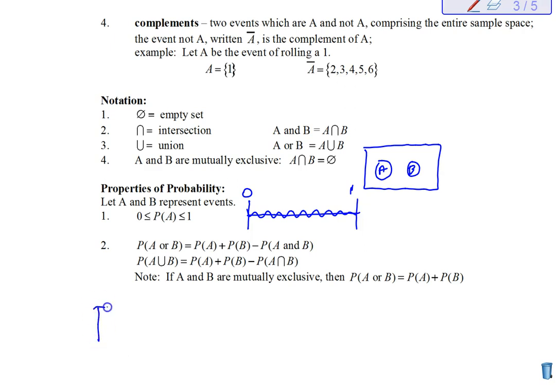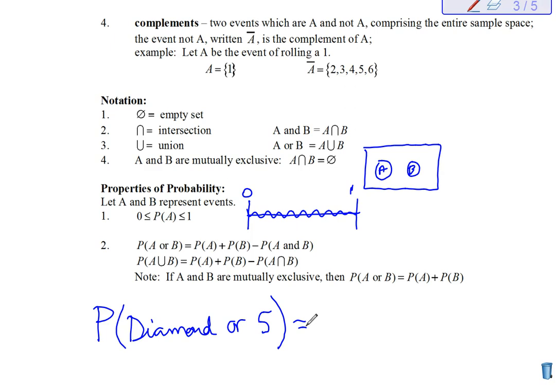So let's think about a deck of cards. Let's find the probability of drawing a diamond or a 5. So in a standard deck of cards, let's do the probability of drawing a diamond or a 5.